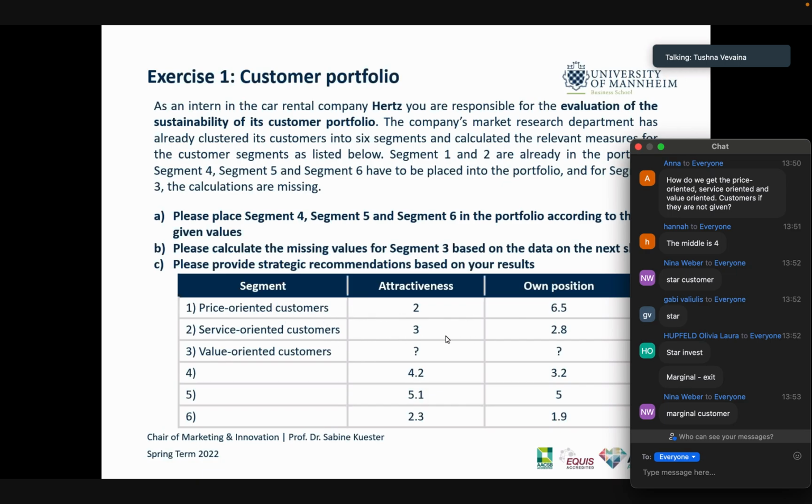Service is someone who's looking for great service, and value is someone who's looking for the best value, so a combination of price and service. But this should be part of your lecture. It wouldn't really be part of the tutorial if it's covered at all. I'm not sure because I'm not responsible for holding the lecture, but in my understanding, value-oriented customers are a combination of the best value, versus price and service customers who focus on one of those. Okay, yeah, thank you.